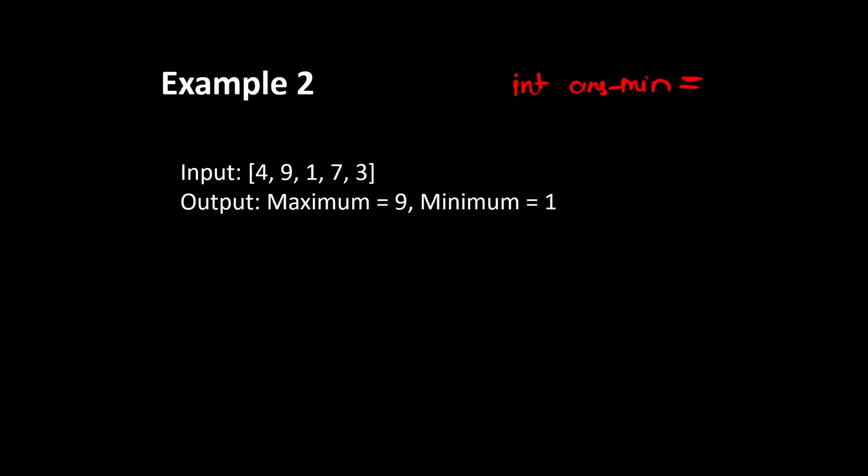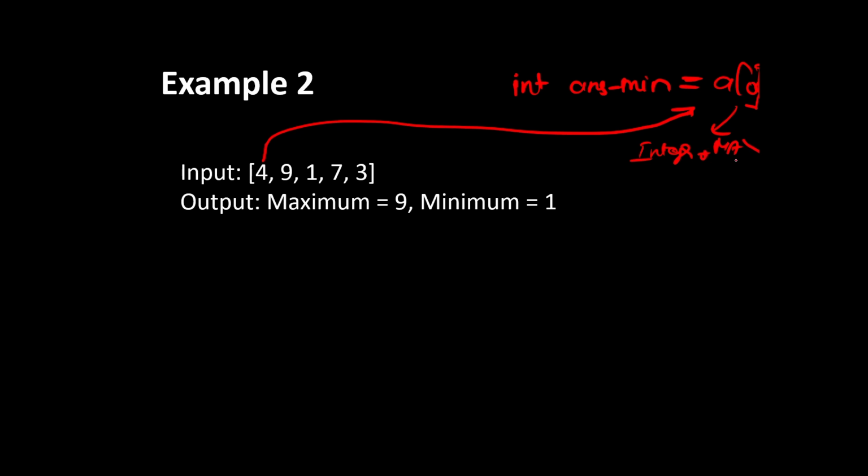For this we can either take the initial value as a dot 0 only, or else take the largest value, Integer dot MAX_VALUE. For now, you can take the initial value as a dot 0 only, that is 4.